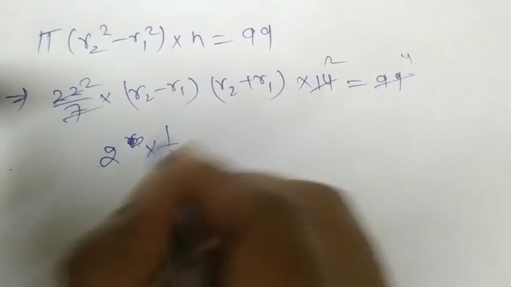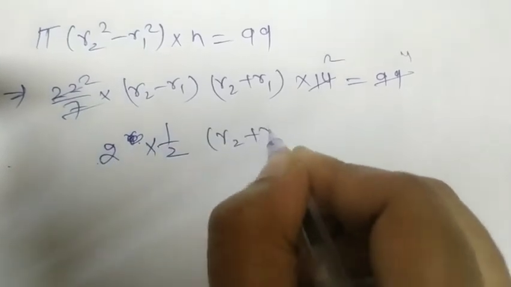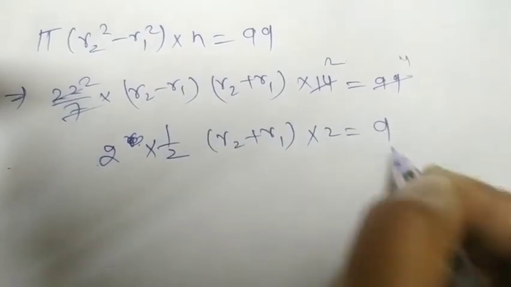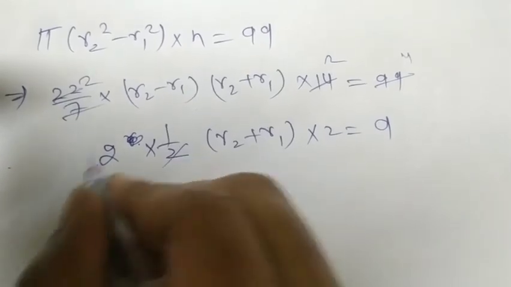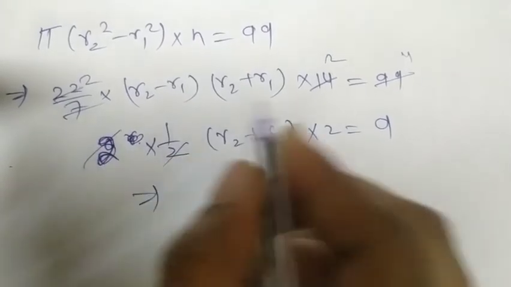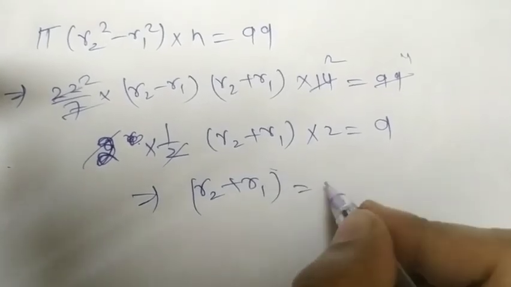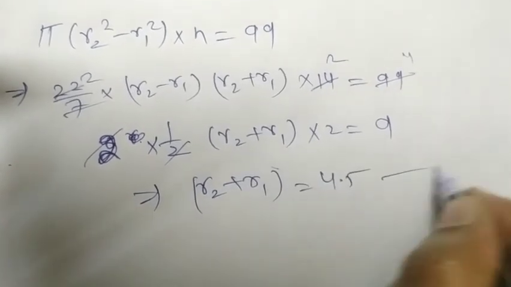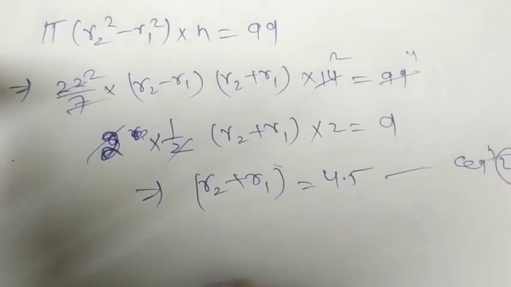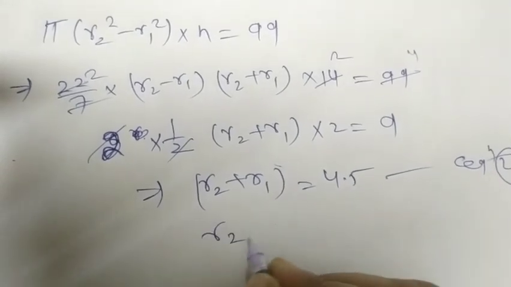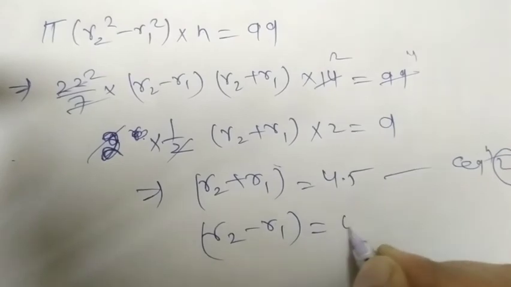This is already 2, and R2 plus R1 into 2 equals 9. The 2s cancel out. So R2 plus R1 will be equal to 9 upon 2, that is 4.5. This is equation number 2. And we have equation number 1, R2 minus R1, that is 0.5.